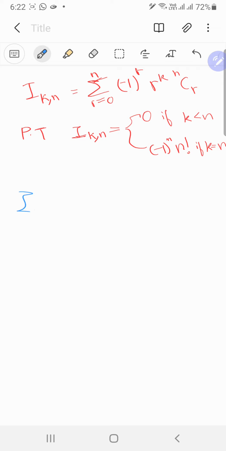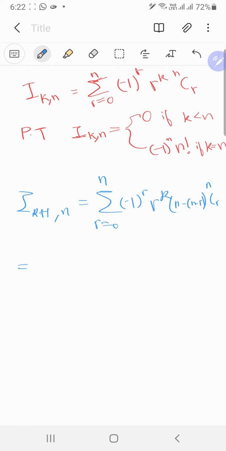So I sub k plus 1 comma n is going to be the summation from r equals 0 to n of negative 1 power r, and here you should have r power k plus 1, which is r power k times r, which I'm going to write as n minus r, and you got this nCr stuff.